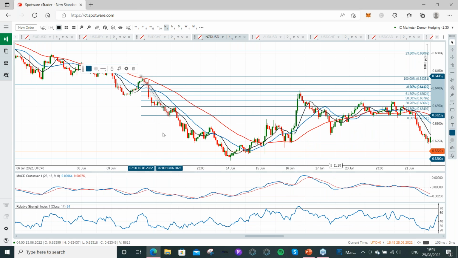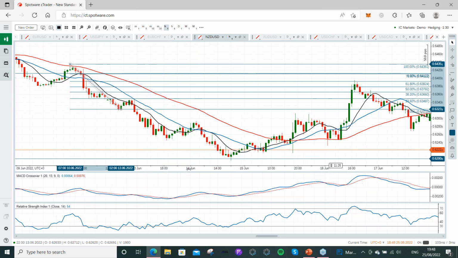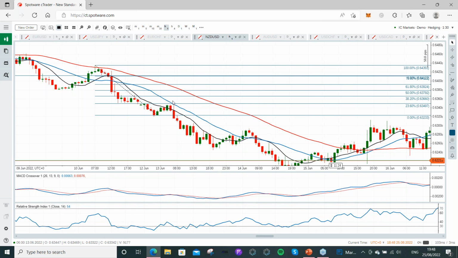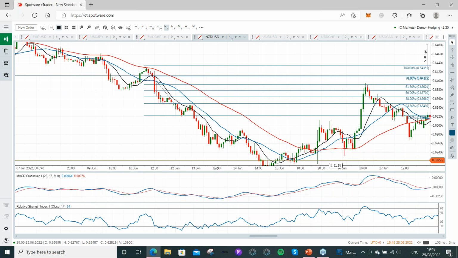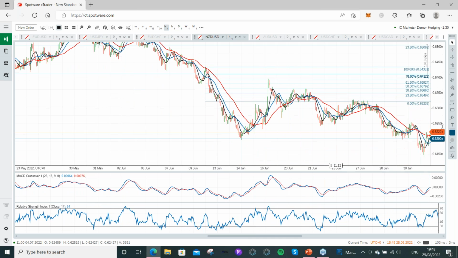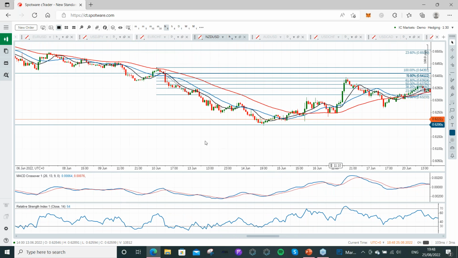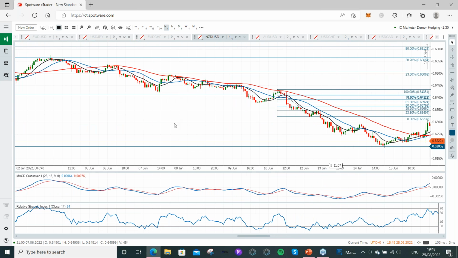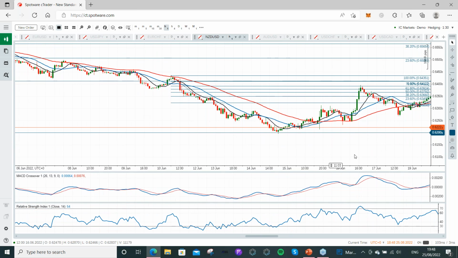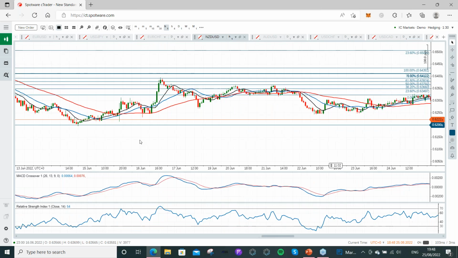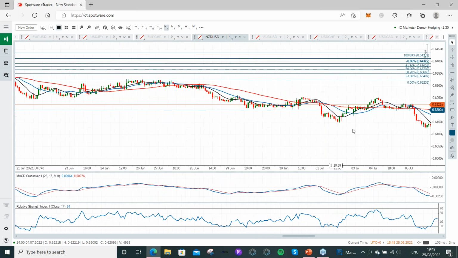So you would potentially be looking for price to pull back into the moving averages, and that correlates quite nicely with the 23.6% level on this particular occasion. So yes, absolutely, you can use Fibonacci on whichever time frame you need to, really, whichever time frame you're trading, in order to give yourself confidence that there is going to be a trend continuation.